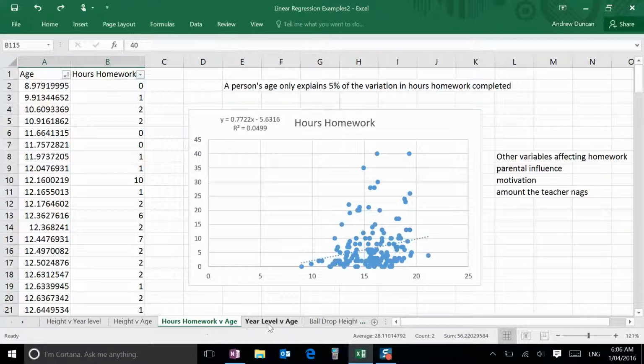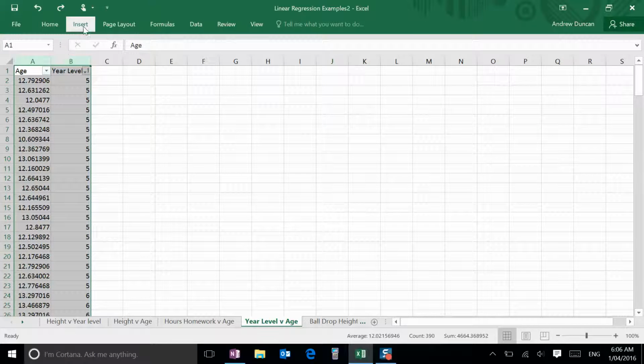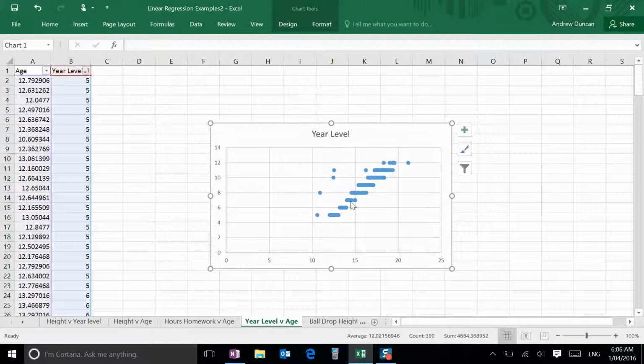A model that should be better is year level versus age. So as you get older, does your year level increase? Hopefully it does. So let's set this. Look at this. Yep, that looks like a pretty linear relationship.